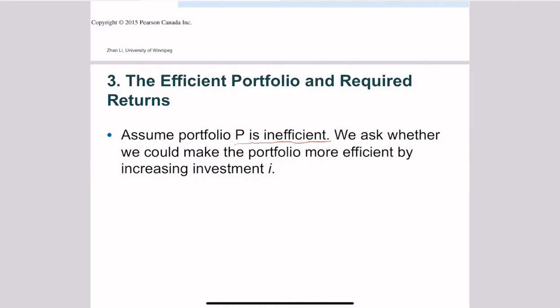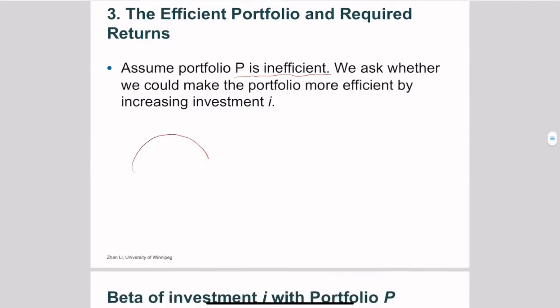Now think about this. This is your portfolio P, and it contains different investments, right? So you could imagine that if this portfolio is a stock portfolio, it could have Google, Apple, Amazon, Tesla, all different kinds of stocks from different companies, right?